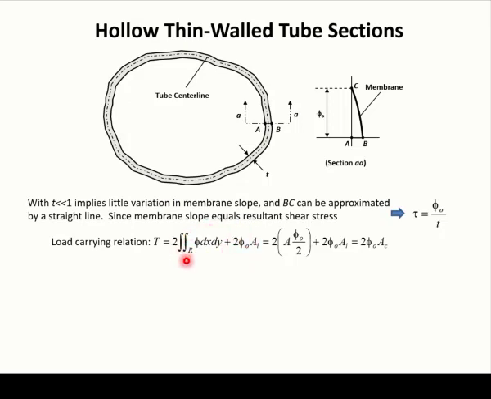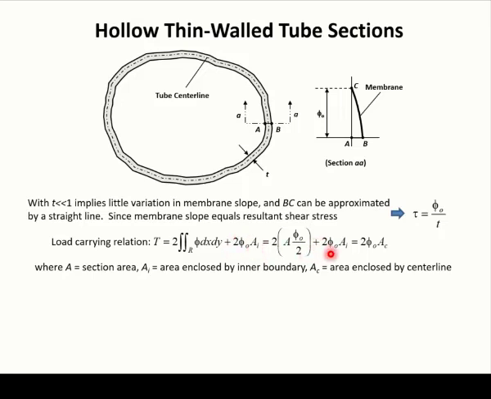When you calculate this, this is kind of the area, and if you know the area of the section, you can approximate this value as 2 times area times phi 0 divided by 2. So basically it's the area times the thickness.